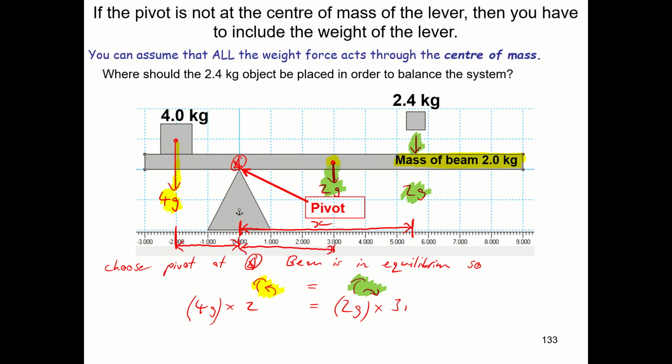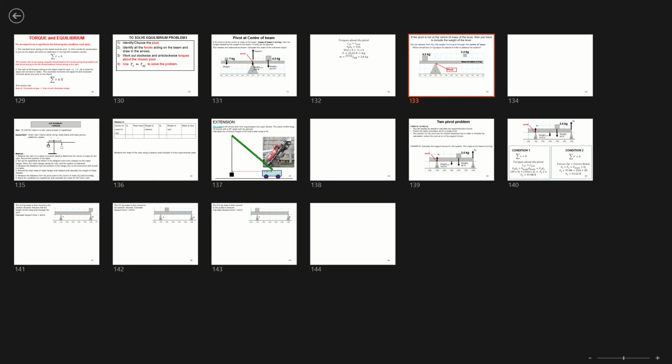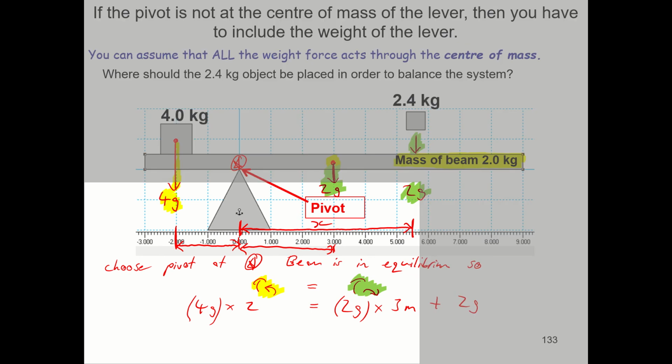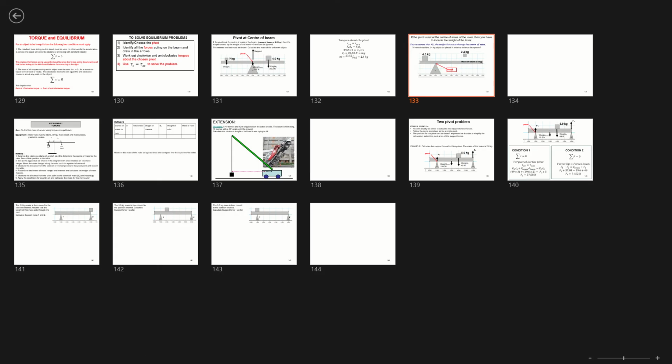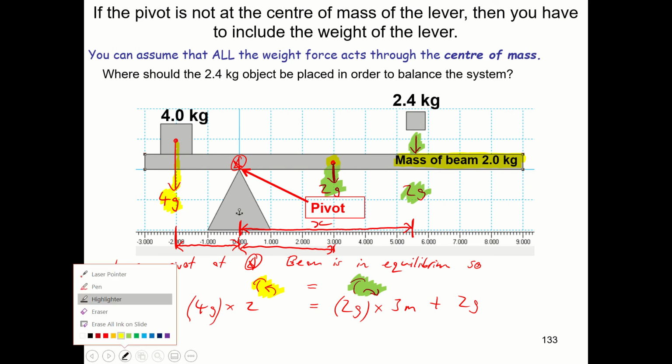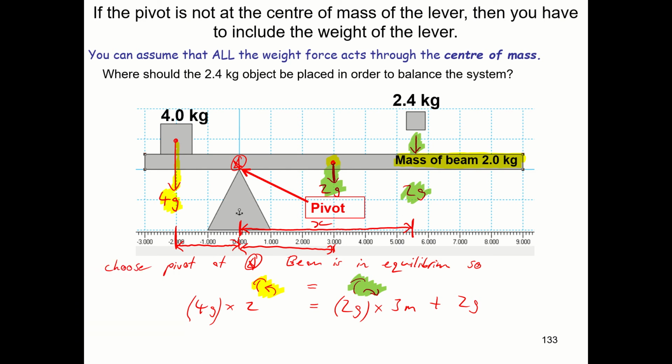So 3 meters, plus I've got another 2g, which is this one over here. So that will be multiplied by the mystery distance, which is that x in there. So let's see what we got.